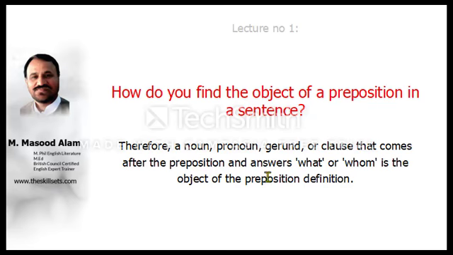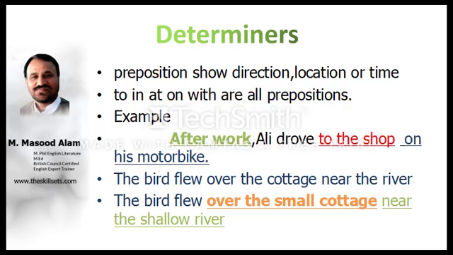As I just told you, in the sentence the object of the preposition is the cottage, but we added an adjective between the two words, the and cottage. Now those words combined and took the name of a phrase, which is now the object of the preposition.